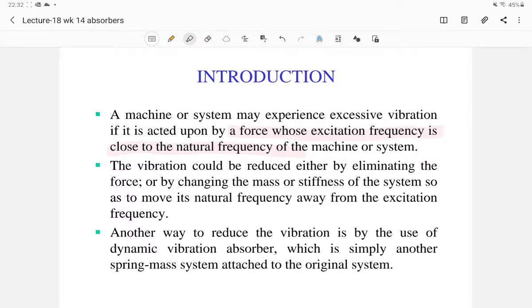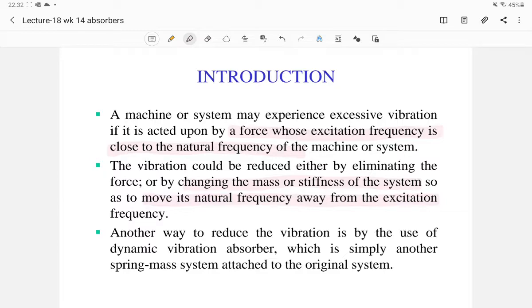The vibration could be reduced either by eliminating the force or by changing the mass or the stiffness of the system so as to move its natural frequency away from the excitation. That's the idea of this vibration absorber as well. You want to be able to move its natural frequency away from the excitation frequency.